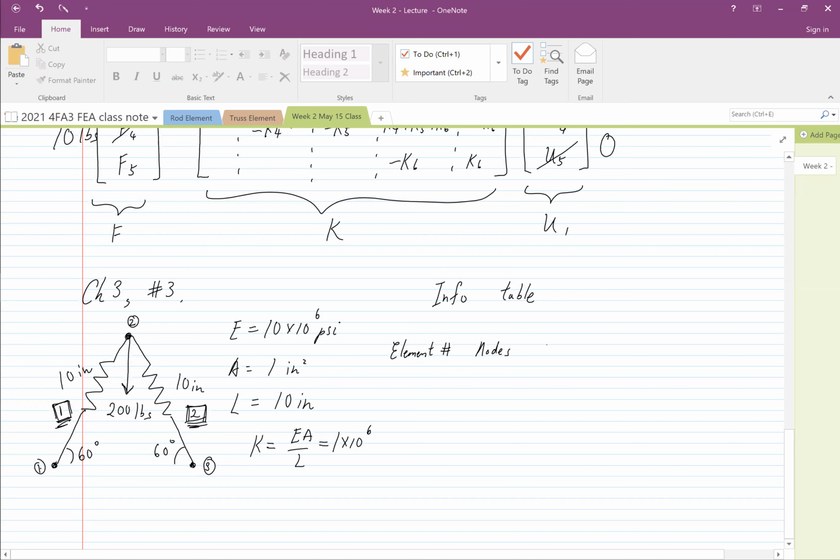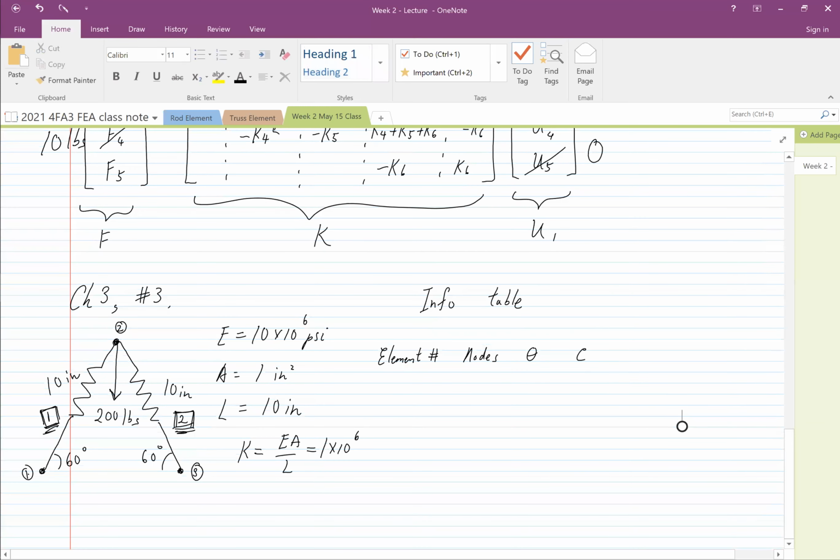Node numbers, theta. What is C? C stands for cosine. S. Once you have C, once you have S, you calculate C squared, CS, and S squared.